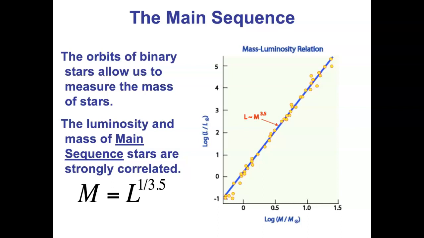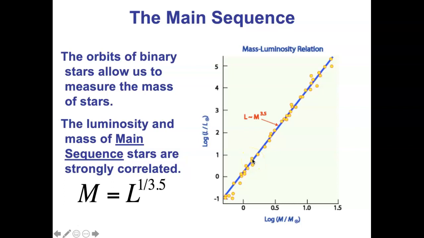But the awesome thing is that when you study those binaries and you get the mass, and then you say, well, we know what the luminosity is because we have the distance, so we can get the luminosity. And you measure the mass from studying the binaries.